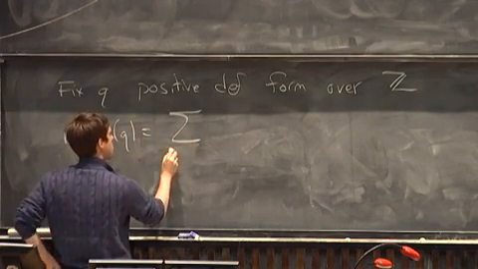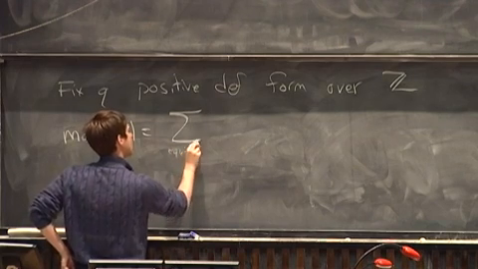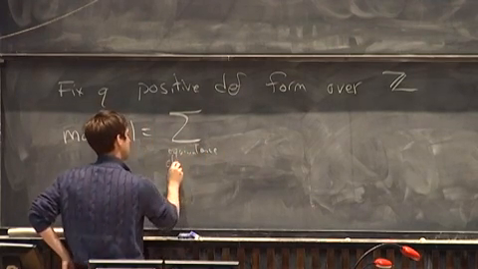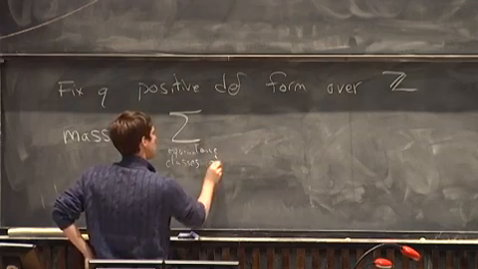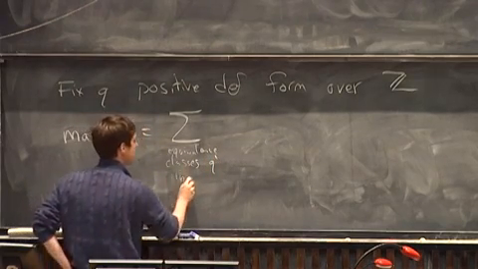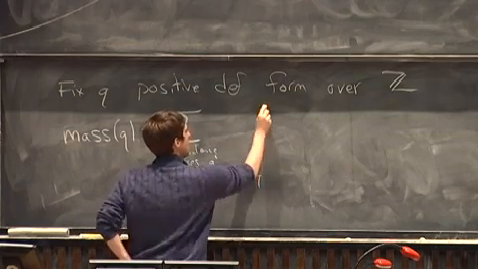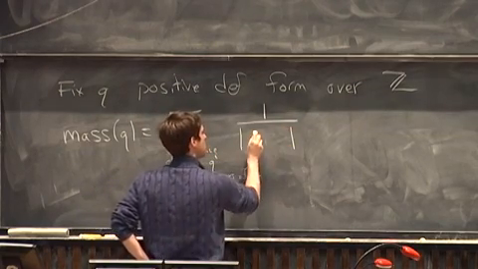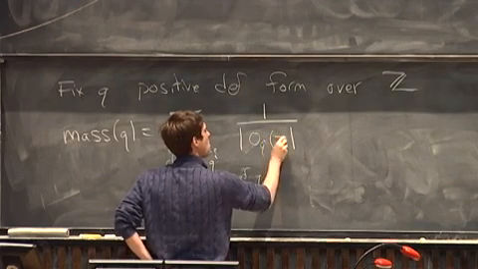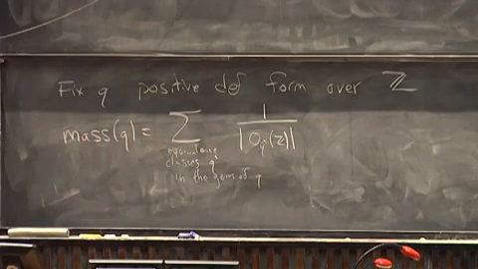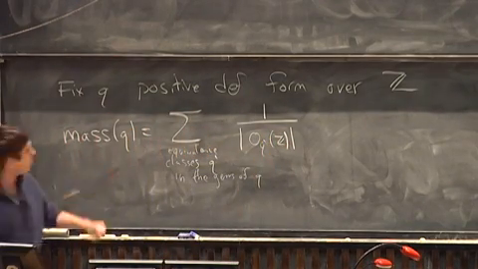You take the sum over all equivalence classes of quadratic forms Q prime in the genus of Q of the following number, which is 1 over the size of the automorphism group of Q prime, the size of this orthogonal group.